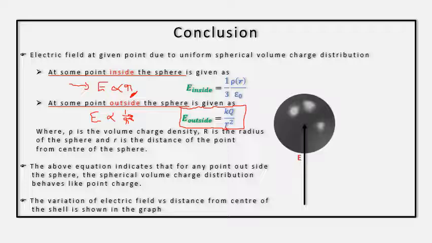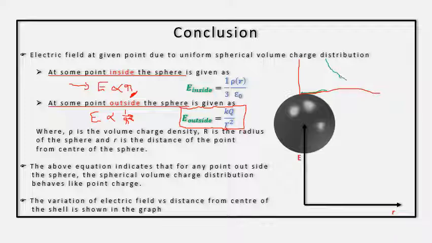So this is the sphere, and we'll plot from center. At center electric field is 0. As you go away from center, what should happen to the electric field? In case of a shell, it was like this. If we recall the last topic, we know that for a shell, electric field was 0 up to the surface, and then electric field falls as 1 by r square.